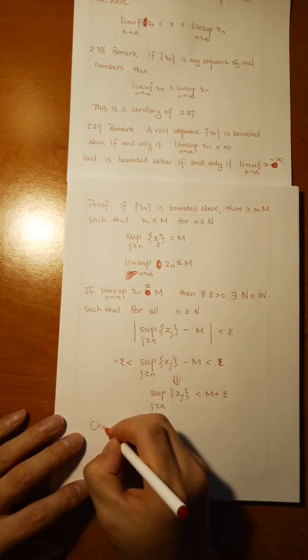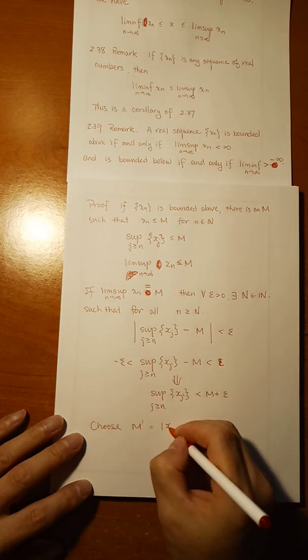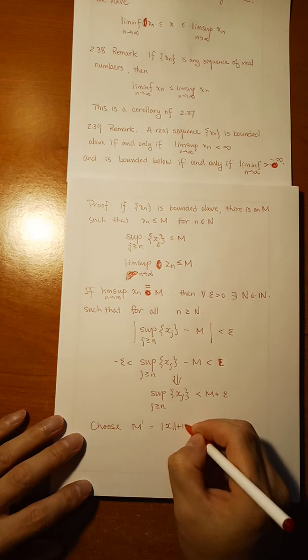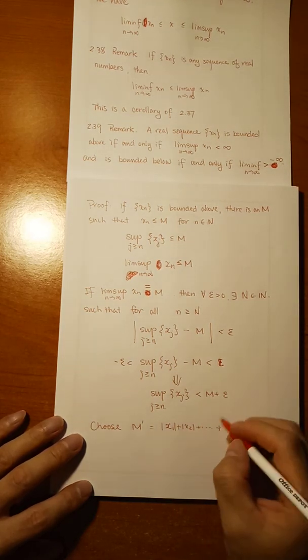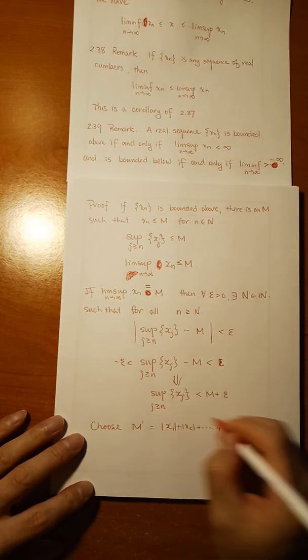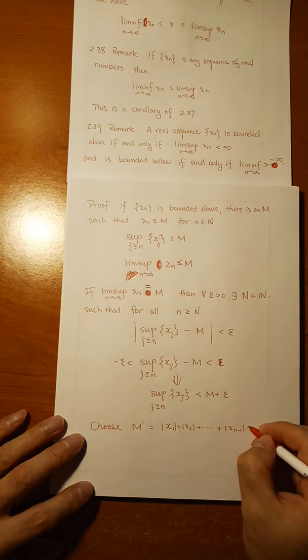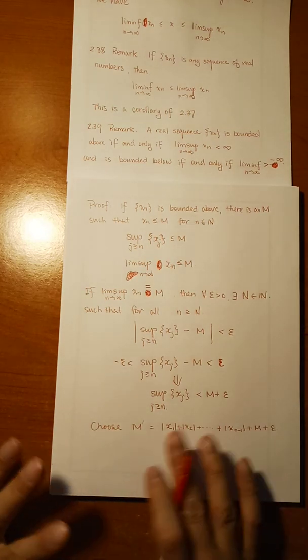Okay, and then choose capital N prime to be the absolute value of x1 plus the absolute value of x2 plus and so on, plus the absolute value of x sub n minus 1, and plus m plus epsilon. We choose a bigger number.